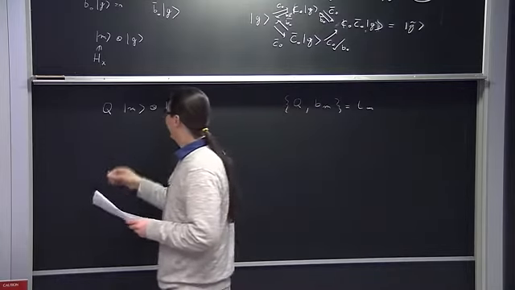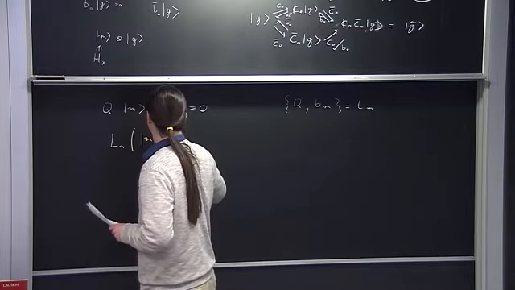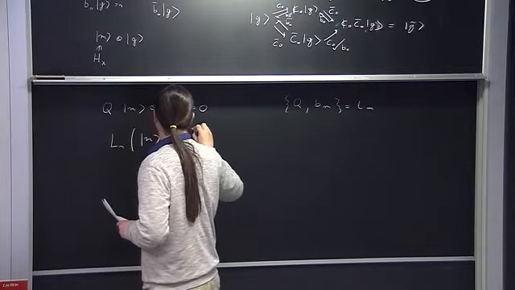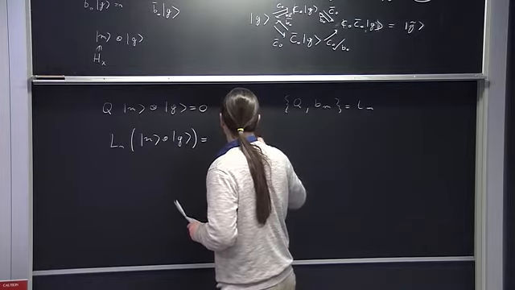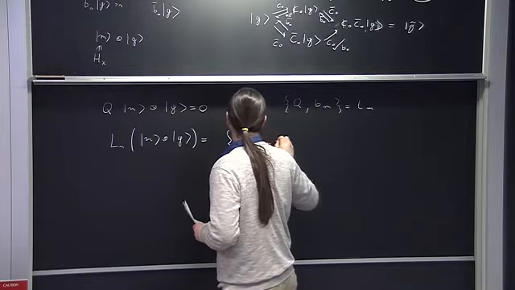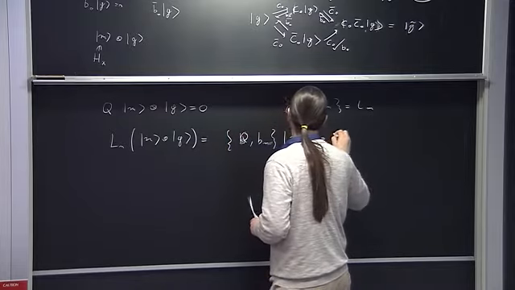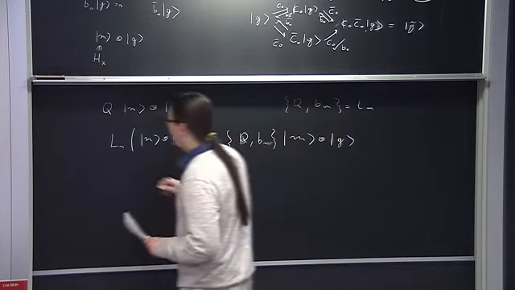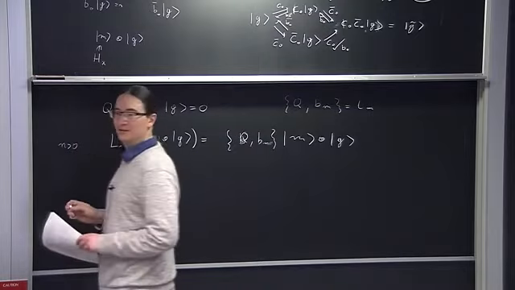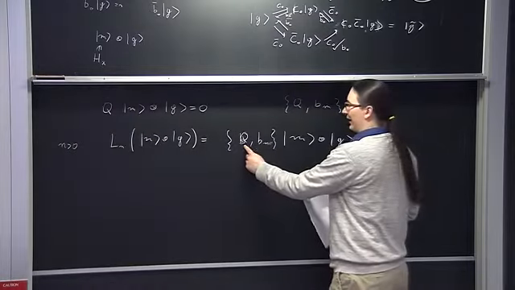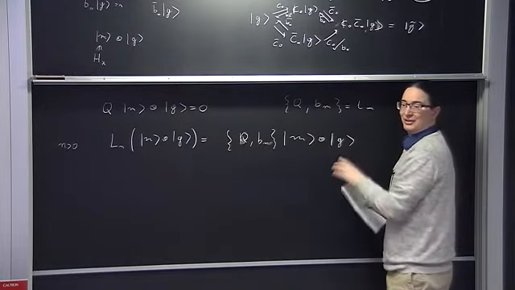So that means that if I ask how does Ln act on this guy, I can write it as an anticommutator between Q and B, acting on this state. Now, if n is positive, these annihilate the state by assumption. So this vanishes.